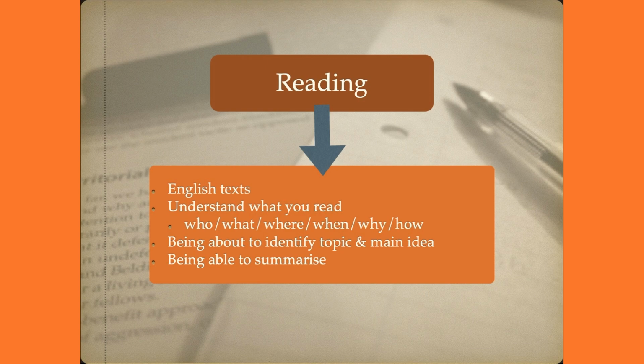So it means that you need to be able to answer who, what, where, when, why, and how, because these questions can tell if you fully understand the text that you read or not. Apart from that, you will need to be able to identify the topic and main idea, because topic and main idea are very important for reading comprehension.